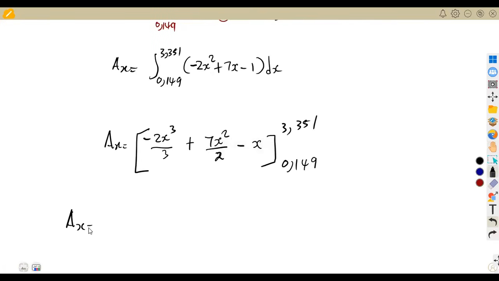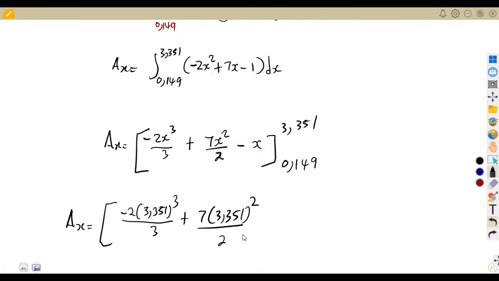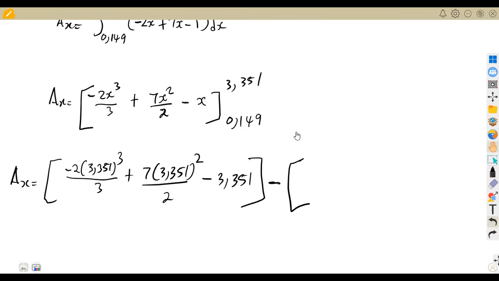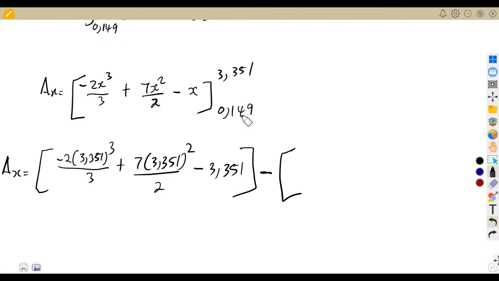So our area with respect to x is going to be negative 2 into, we substitute, that will be 3,351 cubed over 3 plus 7 into x, which is going to be 3,351 squared over 2 minus x, which is 3,351. That's for the upper limit in this case. Then we subtract for the lower limit, which is at 0,149.